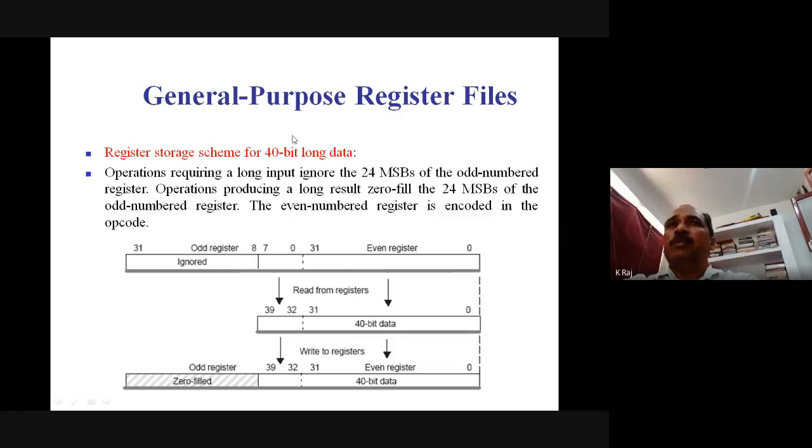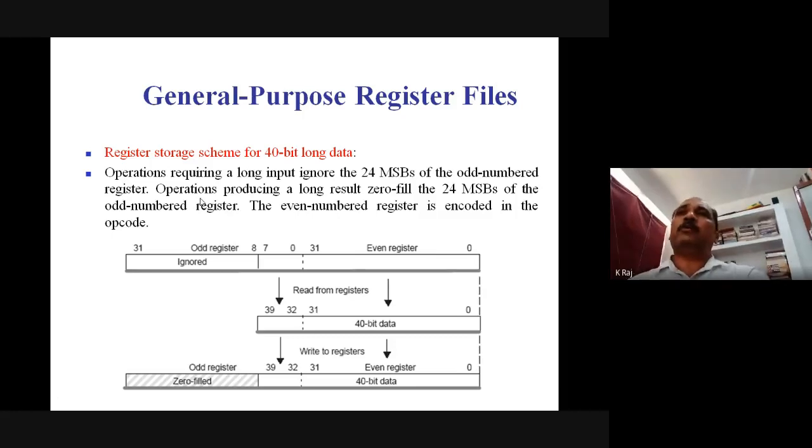The general purpose register file is the storage scheme for 40-bit long data. How will the 40 bit be stored here? Now see the storage of the 40 bit: the odd register holds the 0 field, then bits 0 to 40 are in the even register. For operations requiring a long input, ignore the 24 MSBs of the odd-numbered registers, because there are two options, either 8 bit or 24 bit.